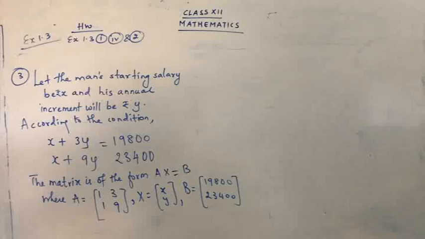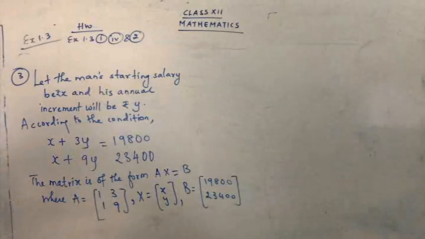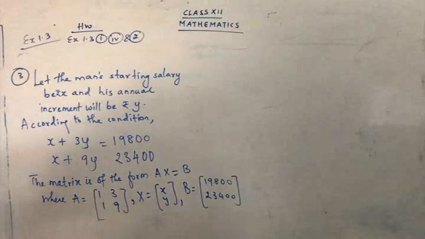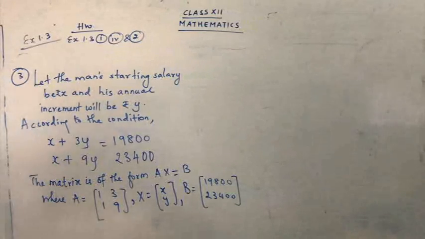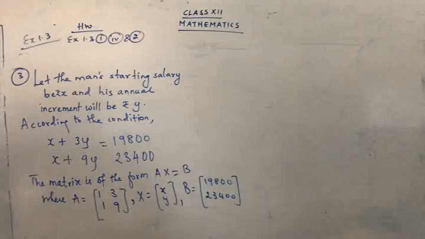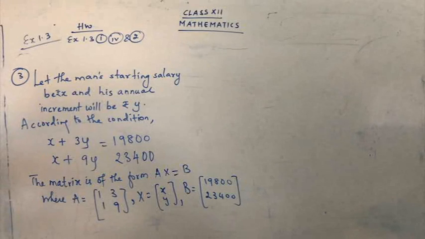Okay. So matrix is of the form AX is equal to B, where A is equal to 1, 3, 1, 9, X is X, Y, and B is 19,800, 23,400. Have you taken down? Are you taking down the step, children? Take down the steps.